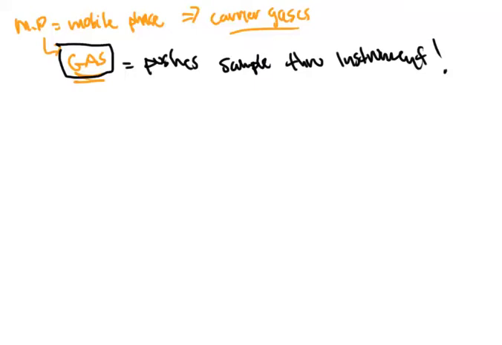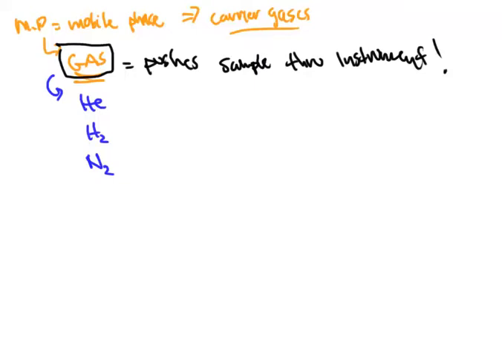All right. Now, what type of gas is traditionally used for mobile phase? That's something that we have to answer, and it's pretty important that you understand what choices are out there and available for you. So, helium is a choice, hydrogen is a choice, and nitrogen is a choice. These three are the major players for gas chromatography.